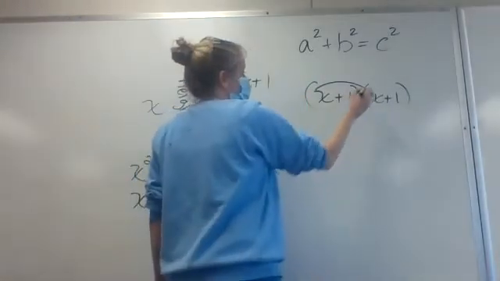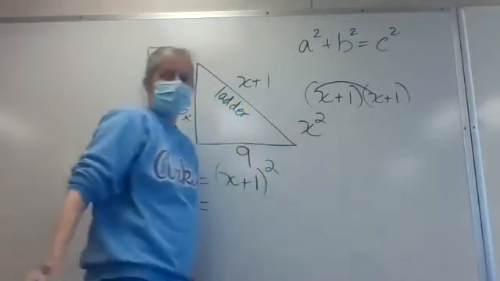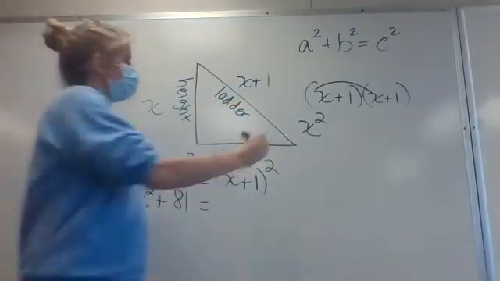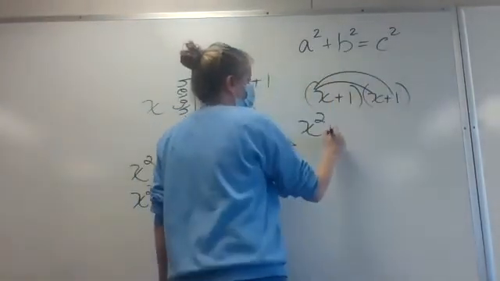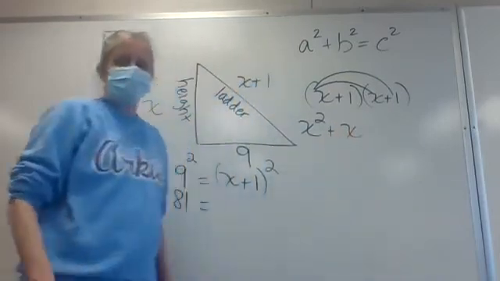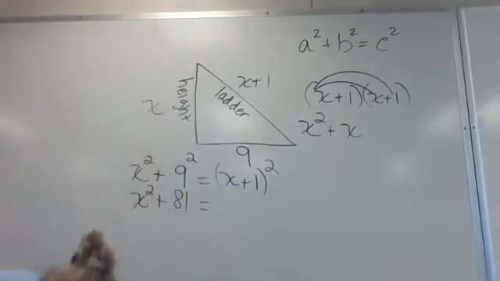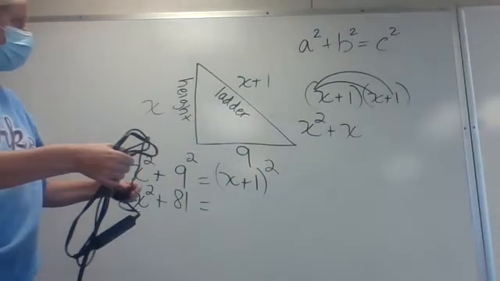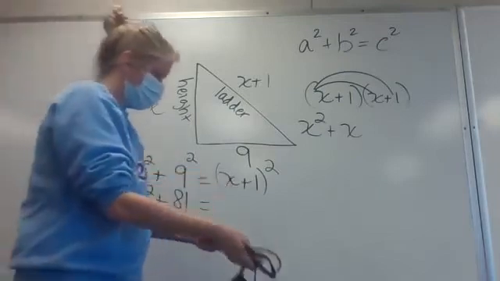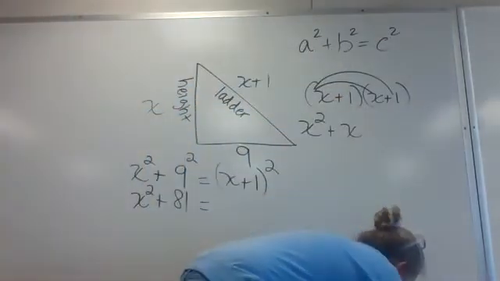So x times x gives me x squared. My outer x times 1 is 1x. What's my inner? Another 1x.